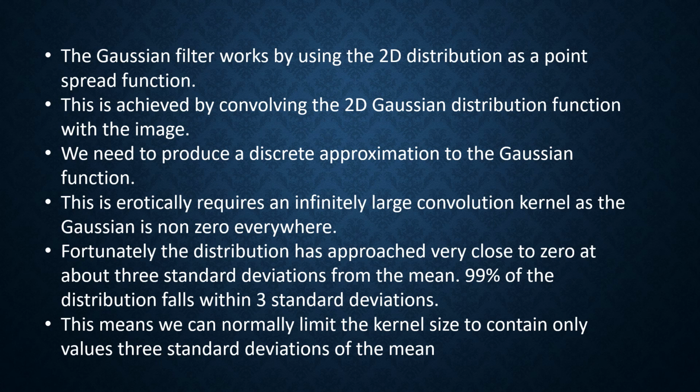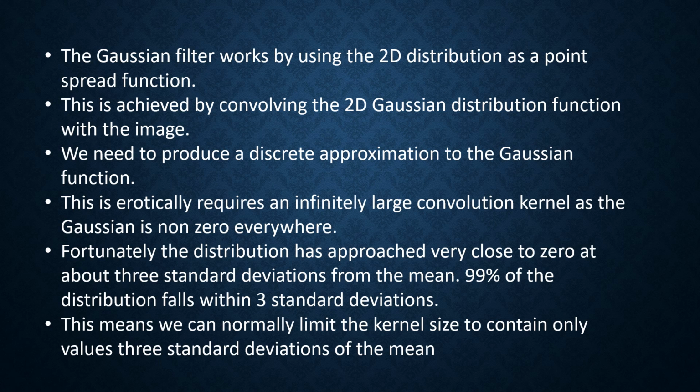We need to produce a discrete approximation to the Gaussian function. This theoretically requires an infinitely large convolution kernel, as the Gaussian is non-zero everywhere. Fortunately, the distribution approaches very close to zero at about 3 standard deviations from the mean. 99% of the distribution falls within 3 standard deviations.